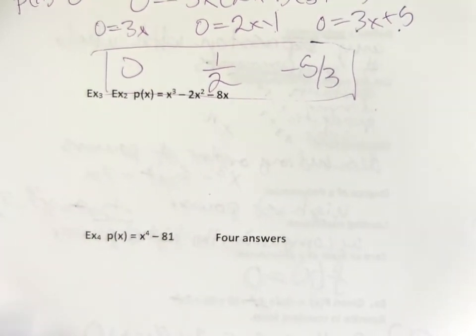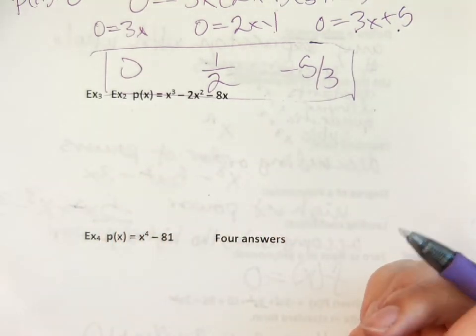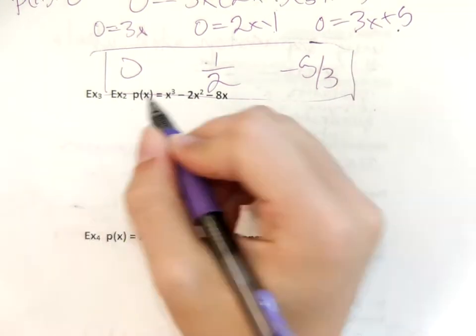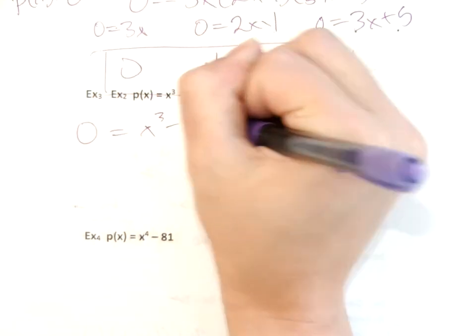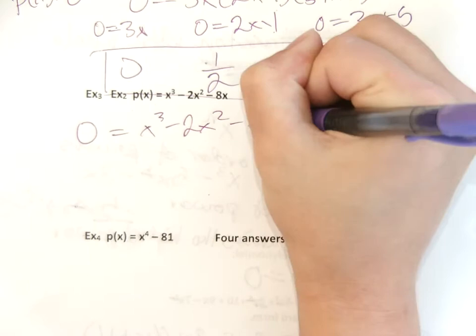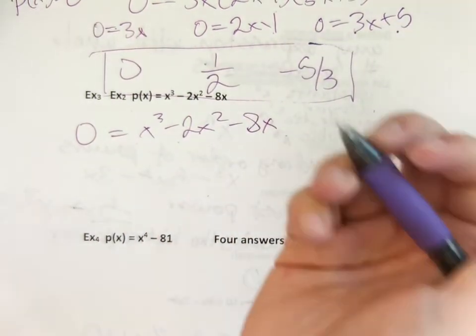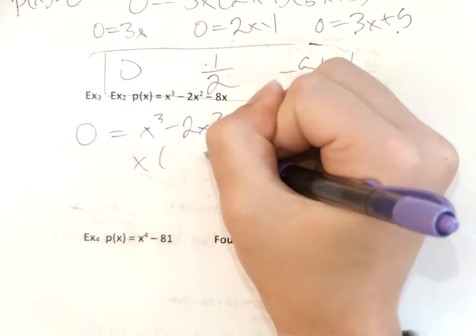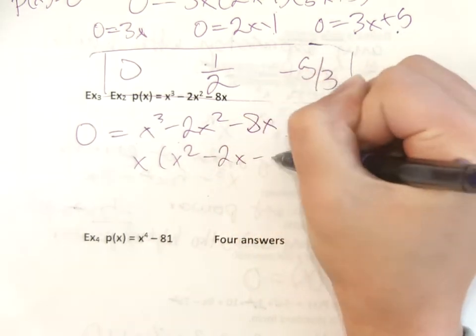All right, example 3. P of x equals x cubed minus 2x squared minus 8x. This one, you have 0 equals x cubed minus 2x squared minus 8x. Something these all have in common is x. You can factor out an x. And then you have x squared minus 2x minus 8.